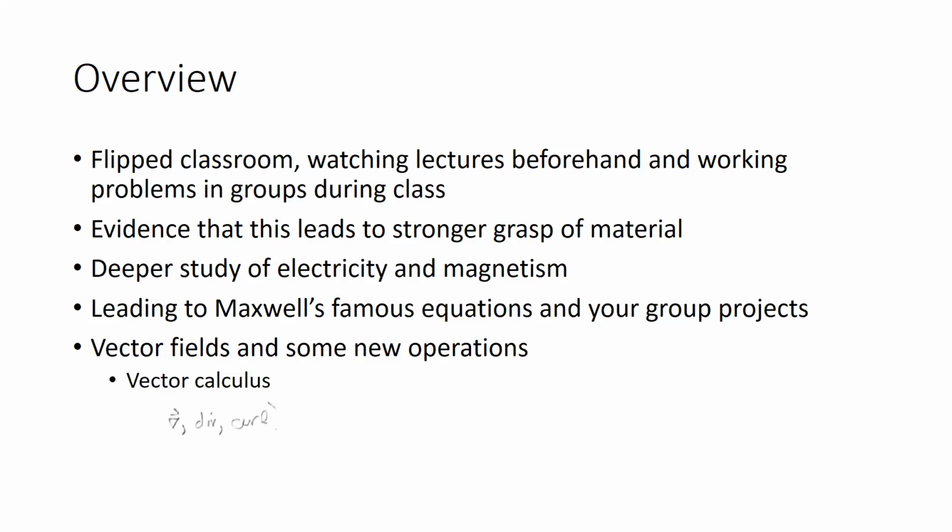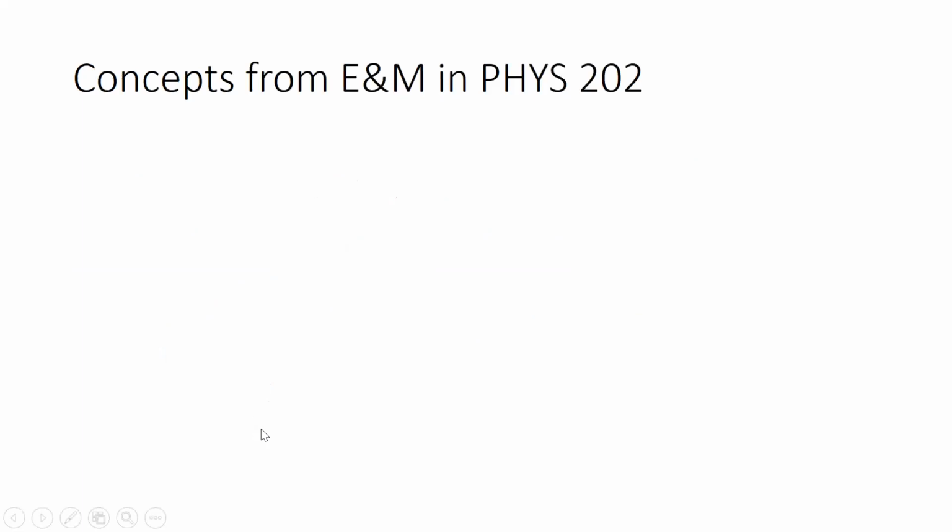So we're going to be learning what's called vector calculus, and that is going to involve the gradient, usually written either grad for gradient or this upside down triangle, div for divergence, or curl for curl. So there are 3 basic operations in vector calculus: the gradient, the divergence, and the curl.